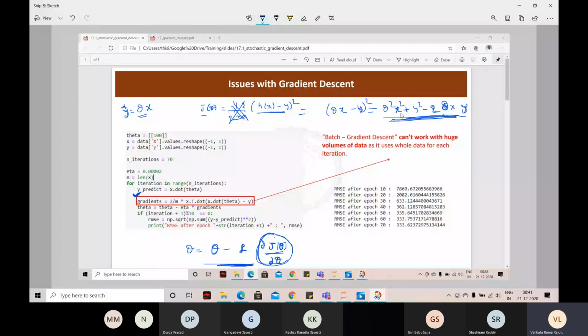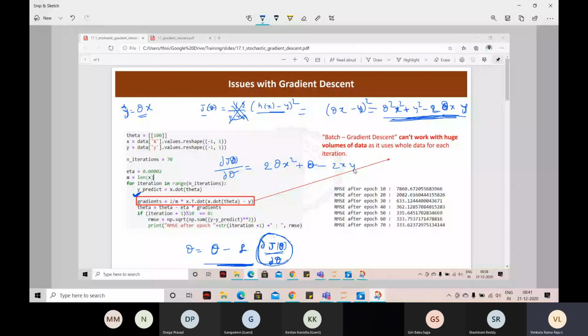Derivative of this cost function. So how to calculate the derivative? If I do dou J theta by dou theta, it is going to be 2 theta x square minus 2xy. Do you agree? Derivative of theta square with respect to theta is 2 theta.